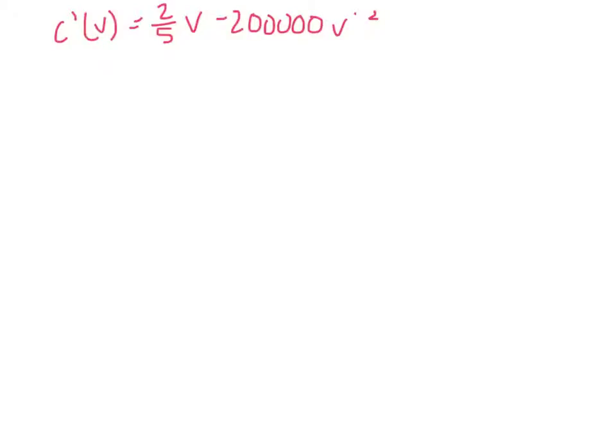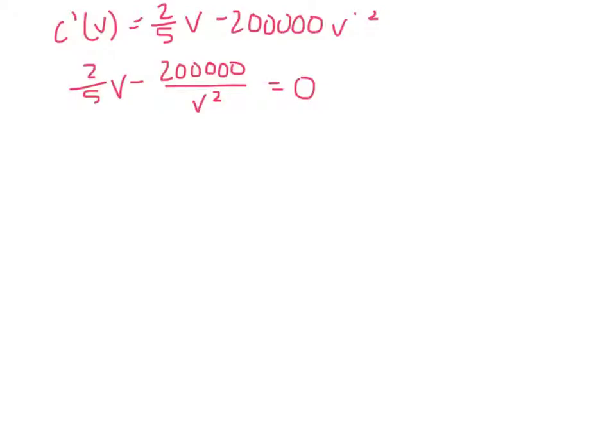So I'm going to set this right side equal to 0, and I'm going to rewrite the v to the negative 2 as a fraction. So 2 over 5 times v minus 200,000 over v squared equals 0.